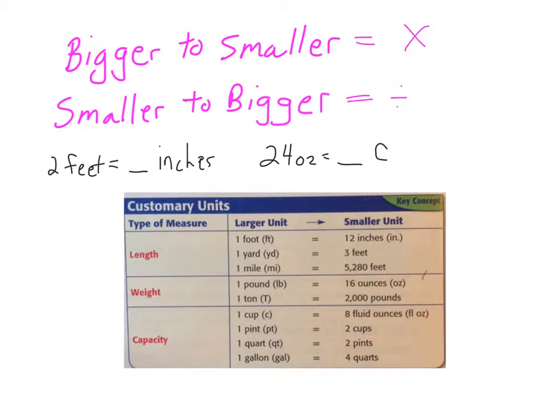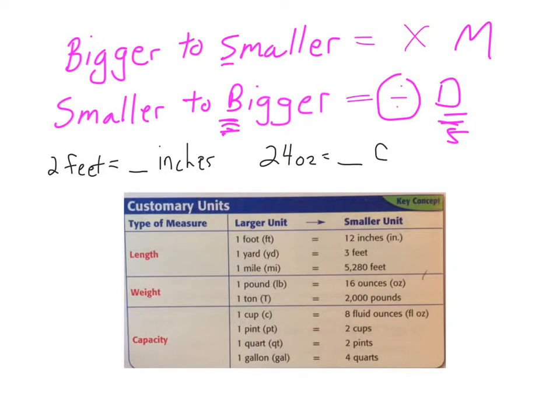Now here's how I remind myself which is dividing, which is multiplying. I say to myself, bigger to smaller, okay, so that is, I multiply. From smaller to bigger, I divide. Now when I think about it, B and D are close to each other in the alphabet. So smaller to bigger, B and D, very close, so smaller to bigger equals dividing.